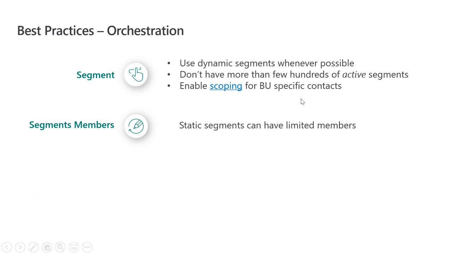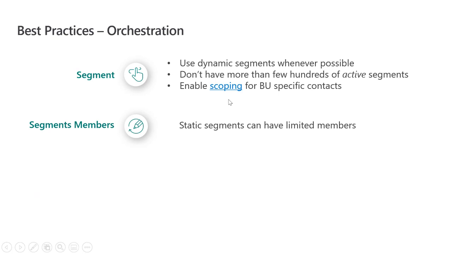And we also have another tip around the security or the privacy of the records. The segmentation engine by default leverages all contacts in the database regardless of the segment author's access level. But we have recently released a feature to enhance the security, which is called the scoping feature.